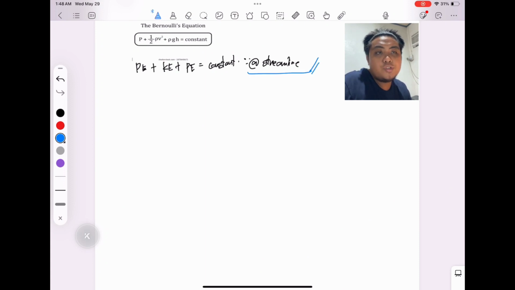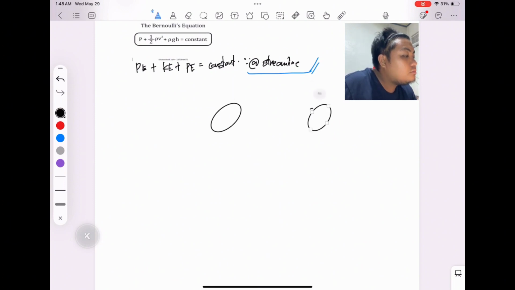So next step, we introduce the concept of streamline. Gawa muna tayo ng diagram.